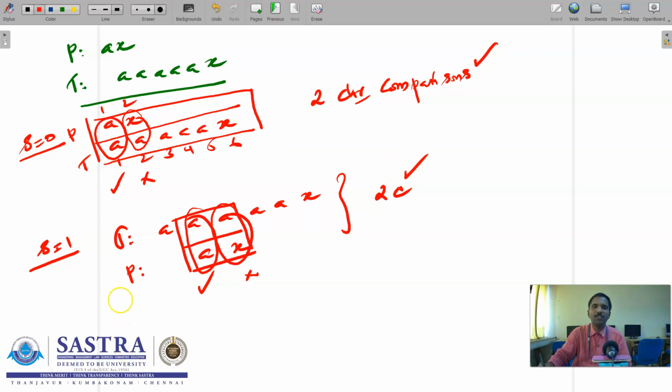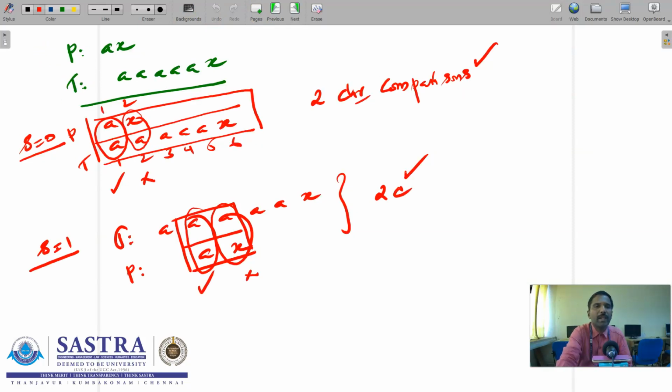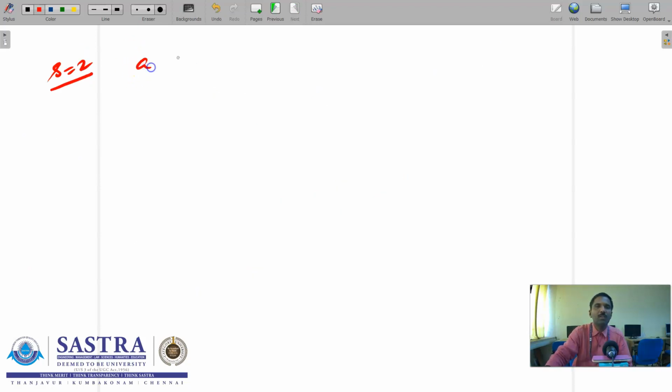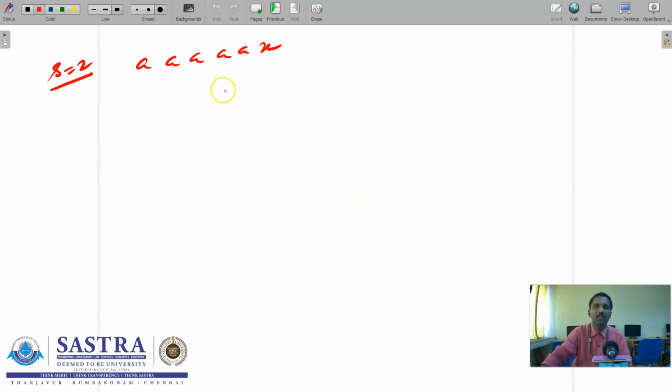Then shift S is equal to 2. The pattern array is AX, text array A, A, A, A, A, X. Now the pattern is moved one position in the right direction, so starting from the third A in the text. This is the text T and this is the pattern.